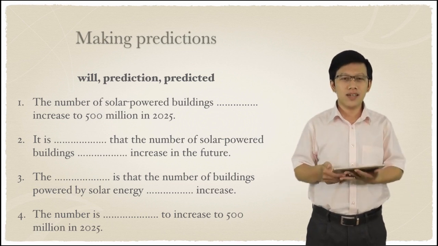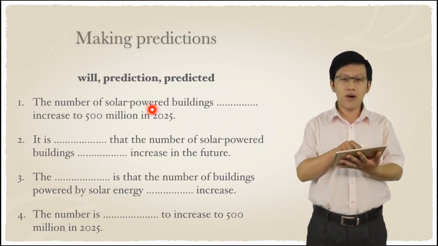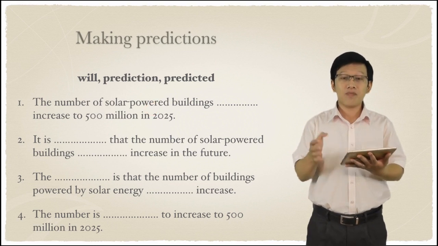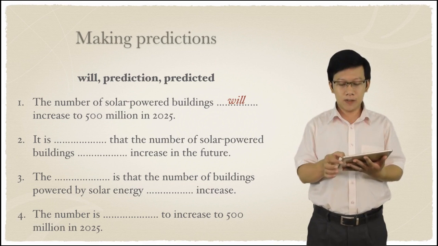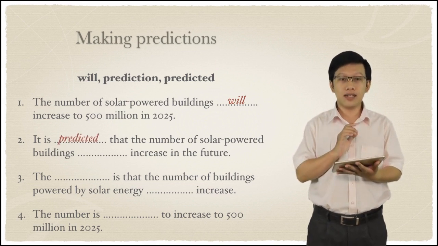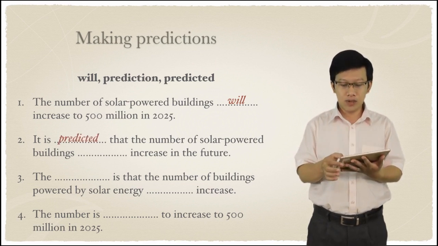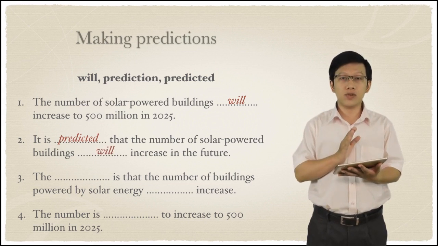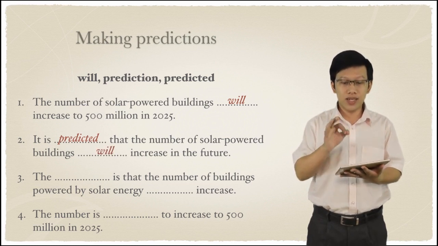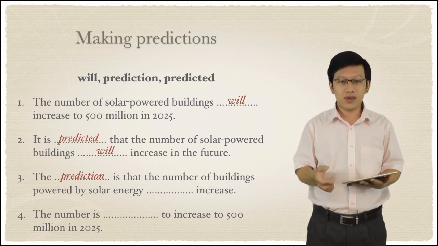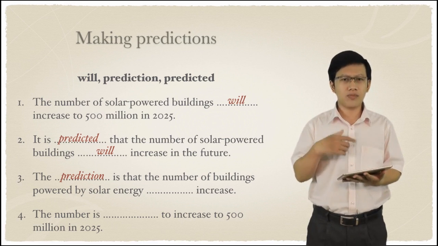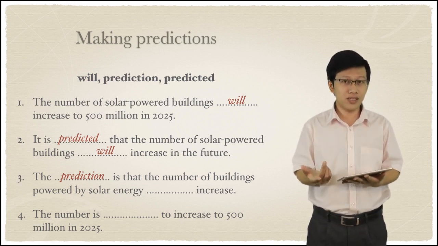So for the first one, the number of solar power buildings will increase. Number two, it is predicted that the solar buildings will increase in the future. Number three, the prediction is that solar energy will increase.